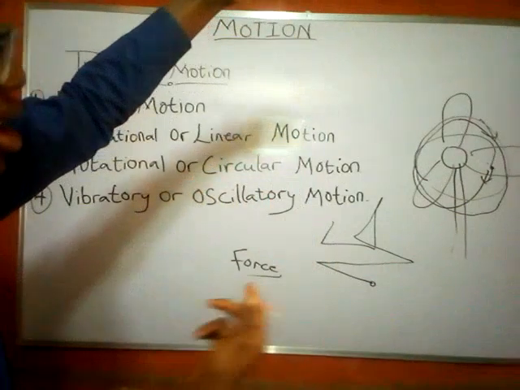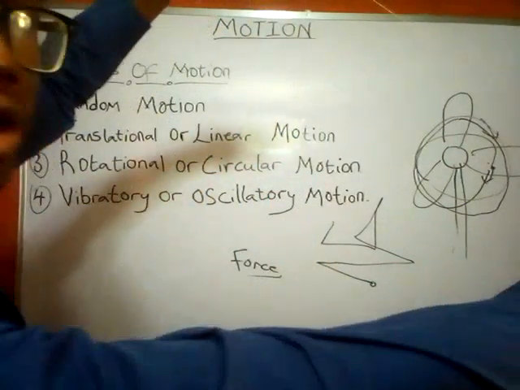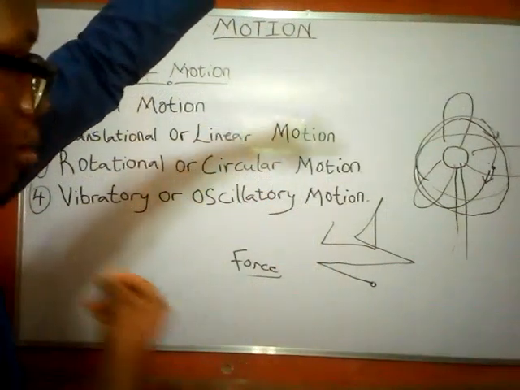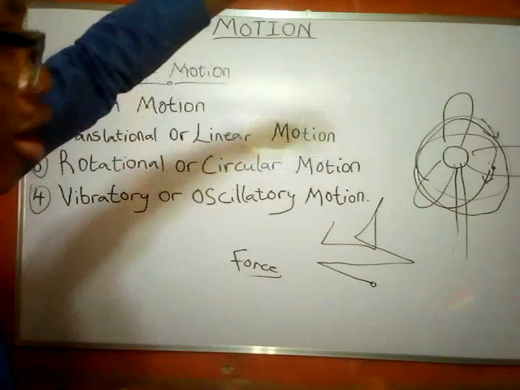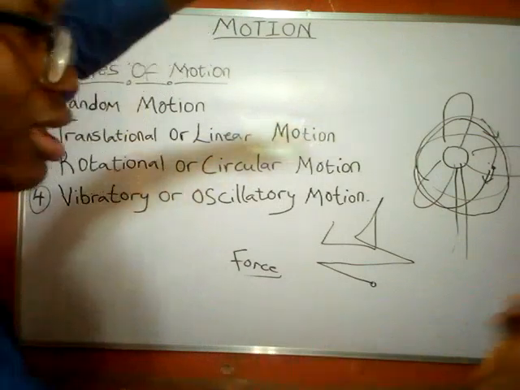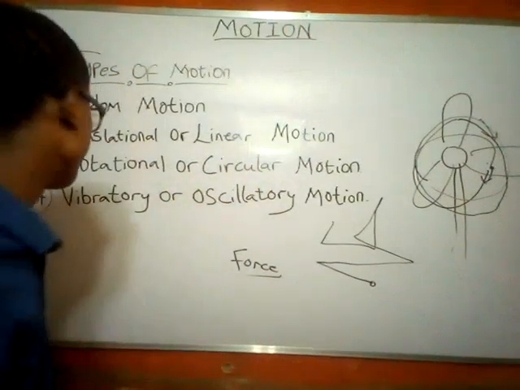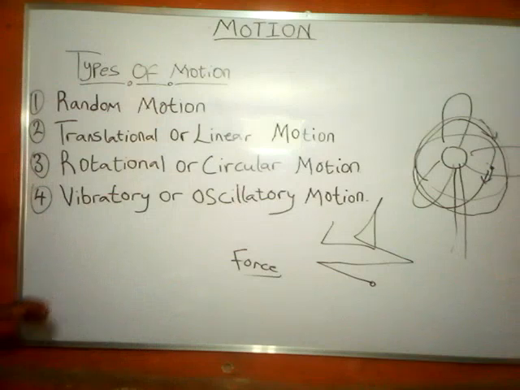You can see it moves from its original position to this point, moves back to its original position, and reverses its motion again. So that clarifies that vibratory motion, a motion of a simple pendulum bob, is a type of oscillatory motion.